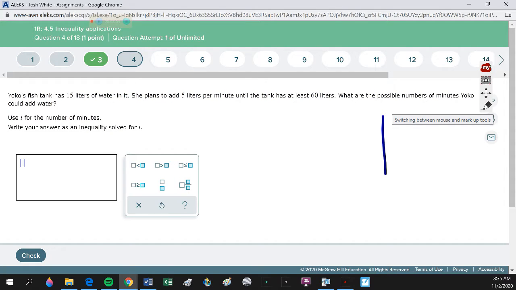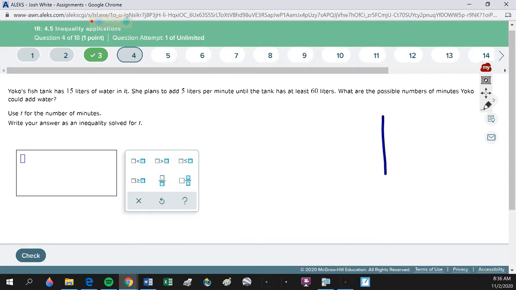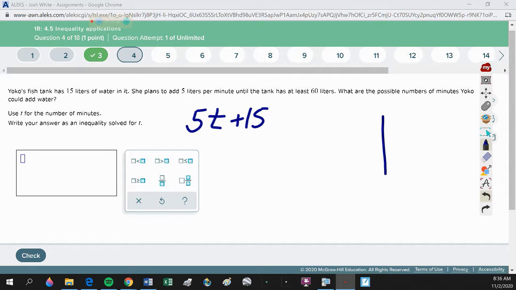Okay. Yoko's fish tank has 15 liters of water in it. She plans to add 5 liters per minute until the tank has at least 60. What are the possible numbers of minutes Yoko could add water? So, 5t plus 15 must be greater than or equal to 60.